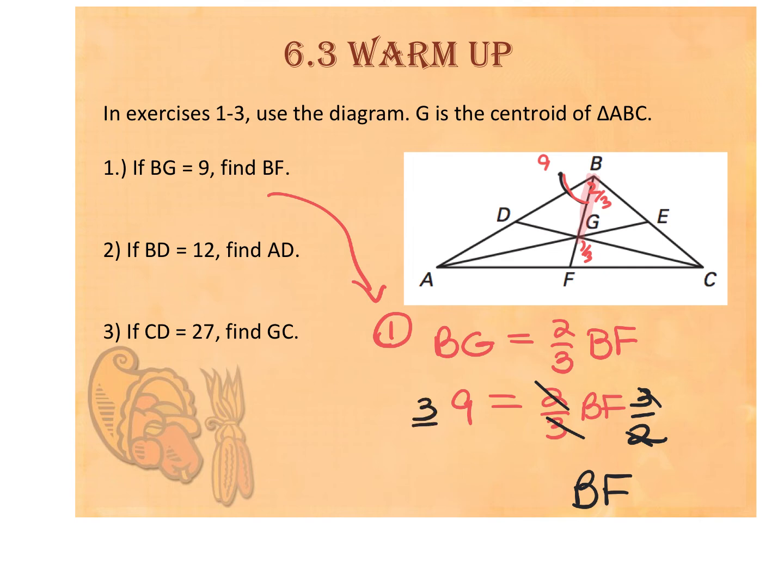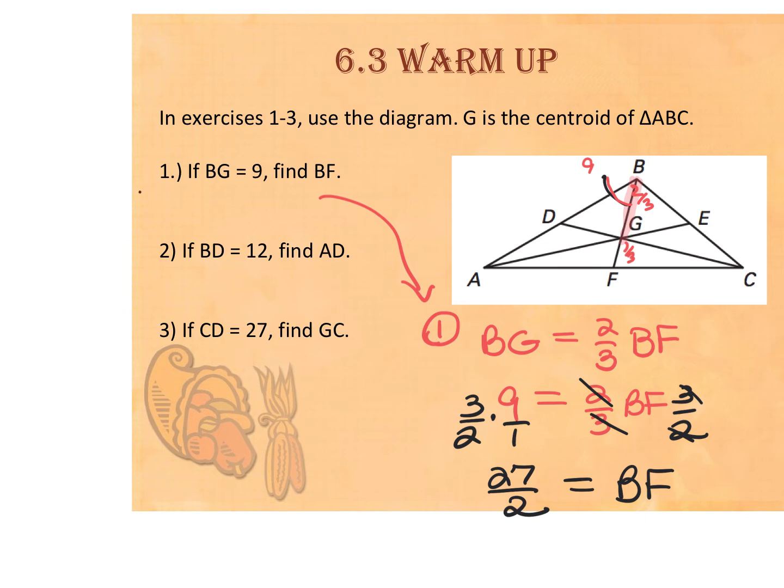And whatever I put on one side, I have to put on the other. And this will not be able to be simplified, so I just multiply it as is. So the length of BF is 27/2. You can leave it like that, or you can also divide it, and it becomes 13.5.